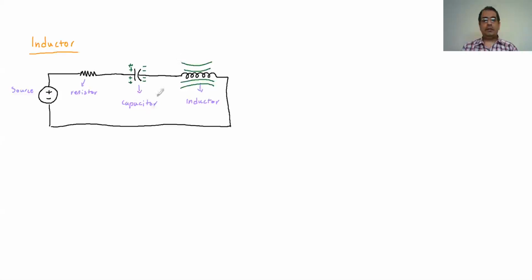The difference between the capacitor and inductor versus the battery is that the battery can store lots of energy, but it cannot release it very quickly. It releases it over time. These two can store or release energy instantly.